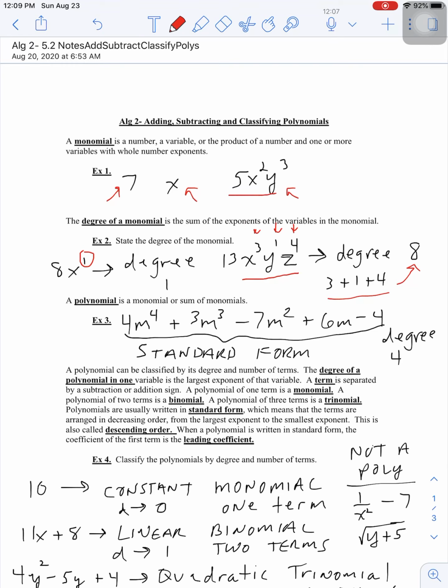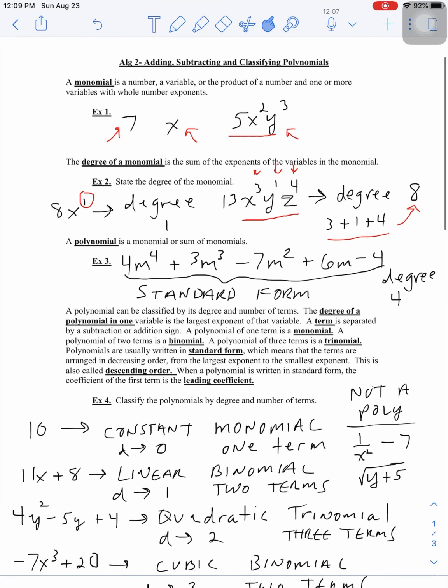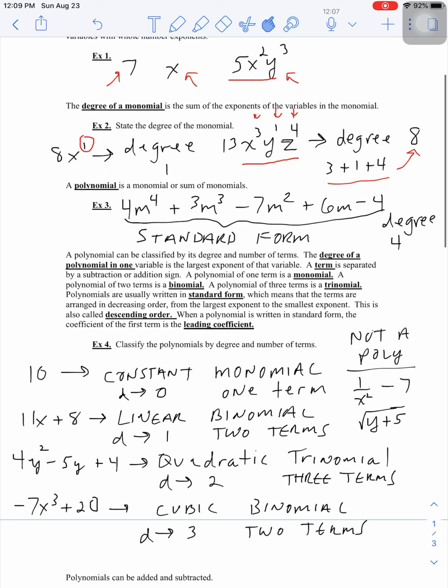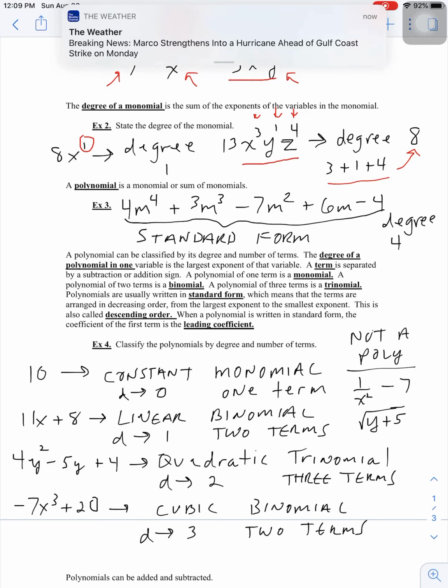Now, when we transition into a polynomial, polynomials are like mathematical trains in the sense that there are a bunch of monomials attached with a plus or a minus sign. So a polynomial is a monomial, or a sum of monomials, could be a difference too.